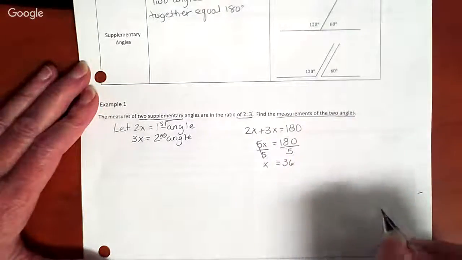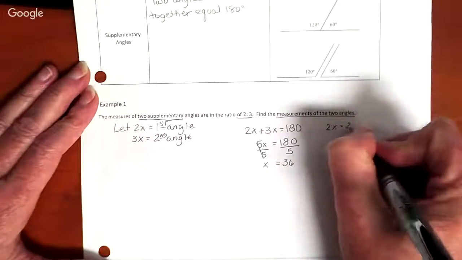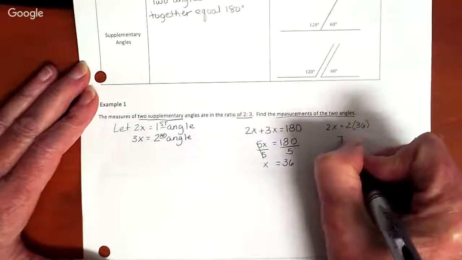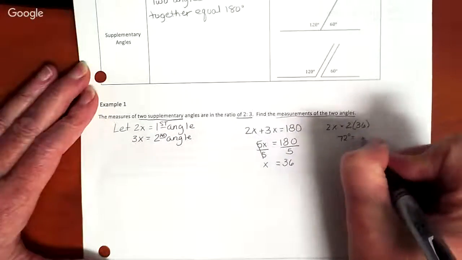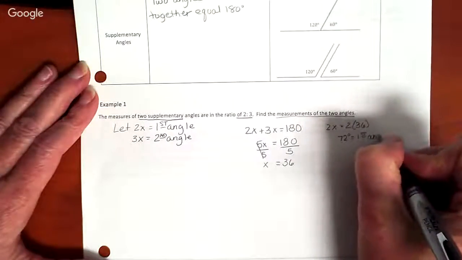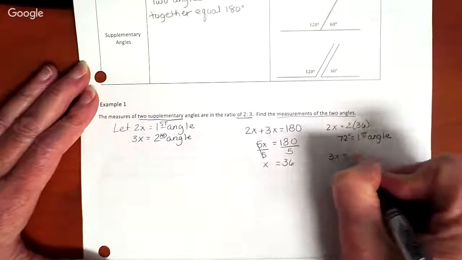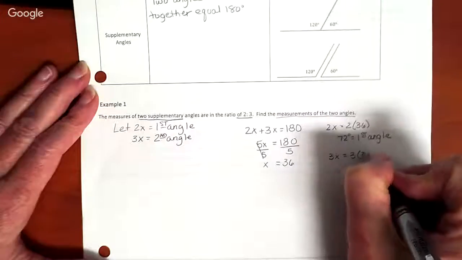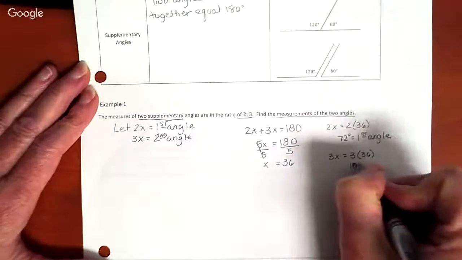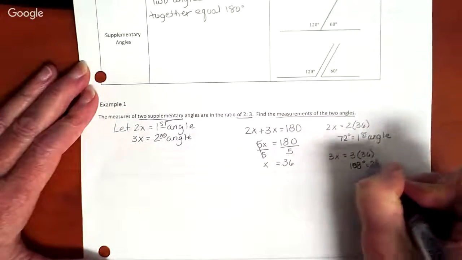So now we have 2x, which is 2 times 36, which is 72 degrees, is our first angle. 3x, or 3 times 36, which is 108 degrees, which is our second angle.